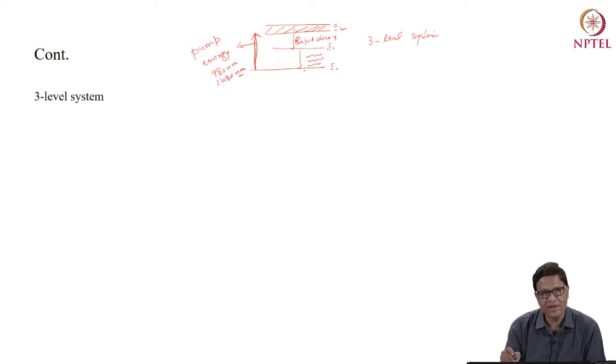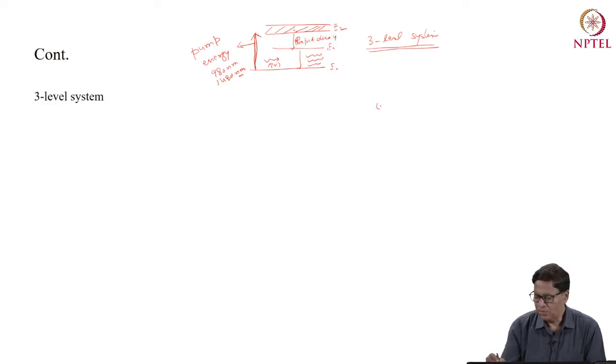So there is a rapid decay to the lower energy state, that is E1, and from E1 to E0 there is an emission of light, and this is your input signal, rho nu. So it will force all those electrons which are in the E1 state to fall down to E0 and then emit more photons. So this is basically a 3-level system.